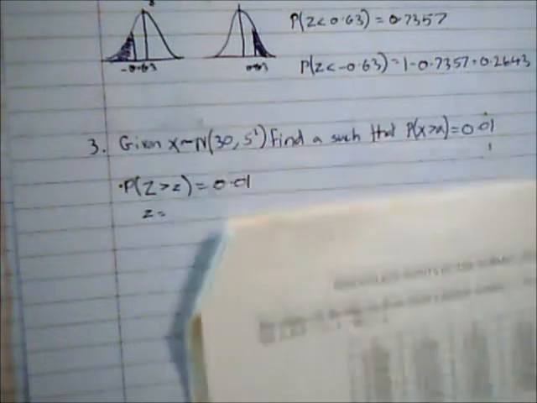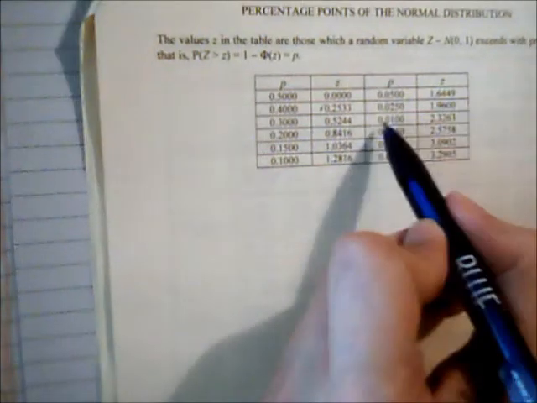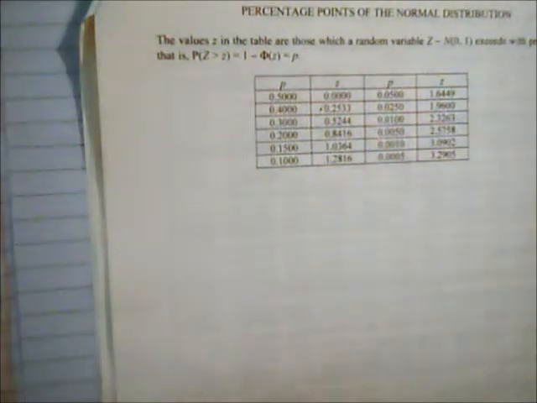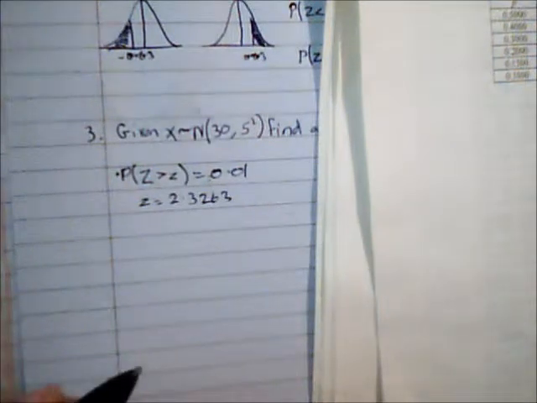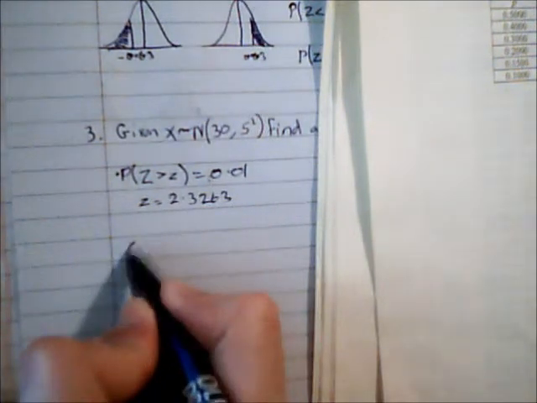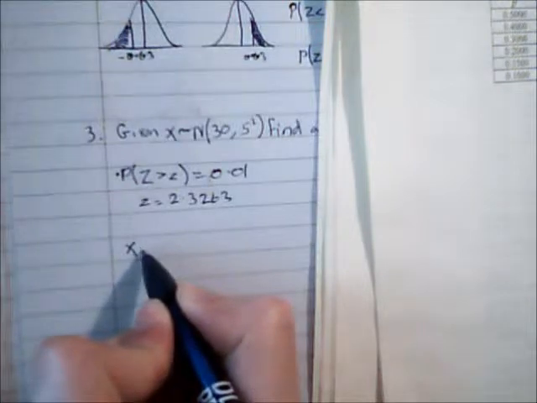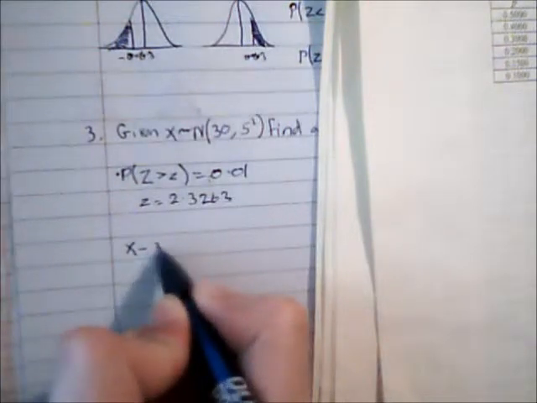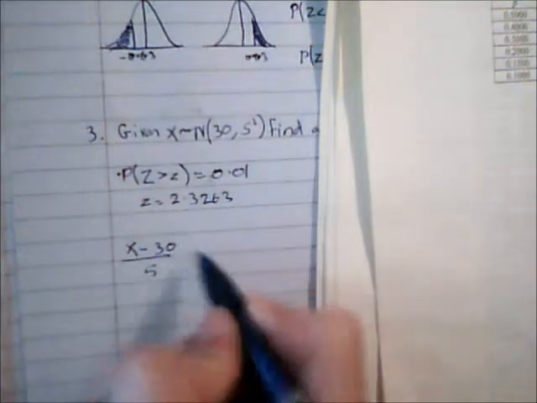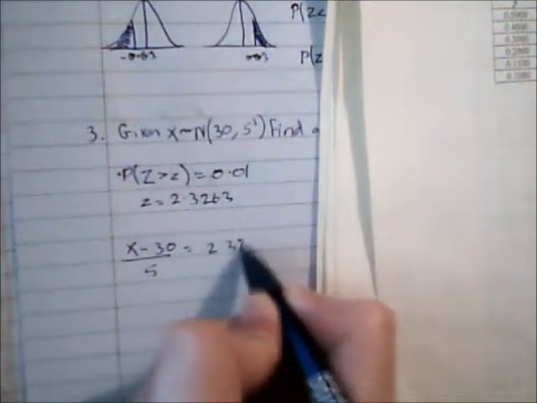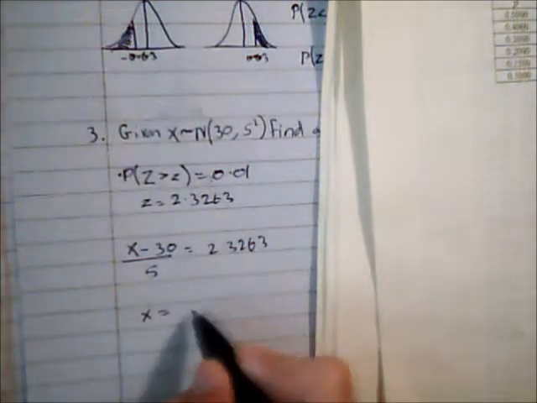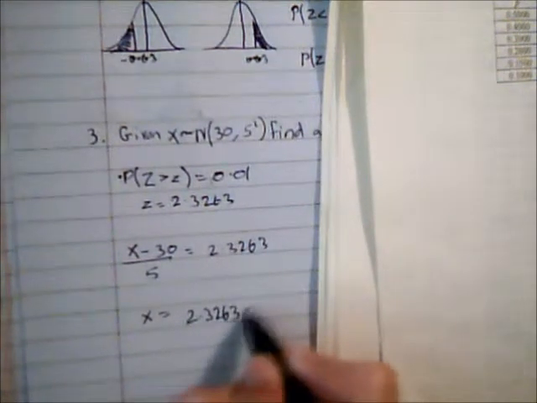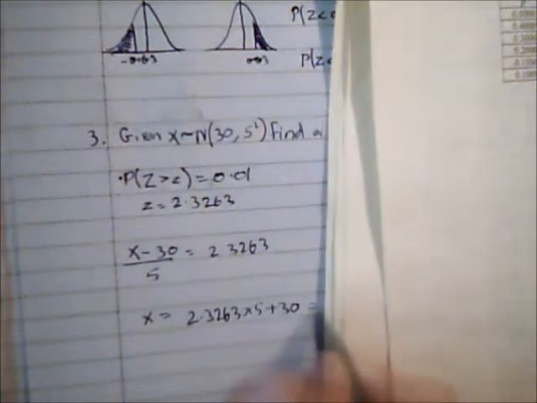because I can use this table when it's 0.01, so the probability that exceeds 0.01 is 2.3263. So now I can use my transformation formula, because I know x, whatever that value is. When I then subtract the mean of 30 and divide by the standard deviation of 5, I end up with 2.3263, and therefore x is equal to 2.3263 multiplied by 5 added to 30.